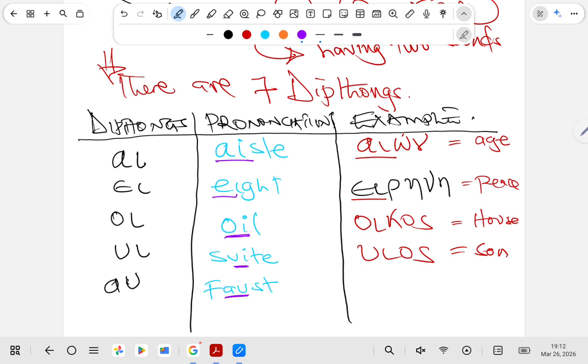So Faust. A Greek example we can give for that would be autos, which is the word that means self. And so again, you remember oi is there, huios, autos, for self.